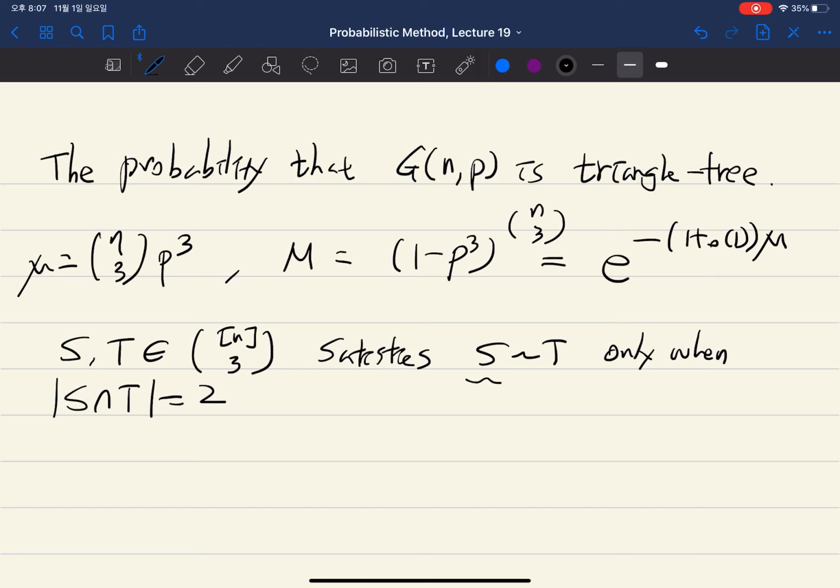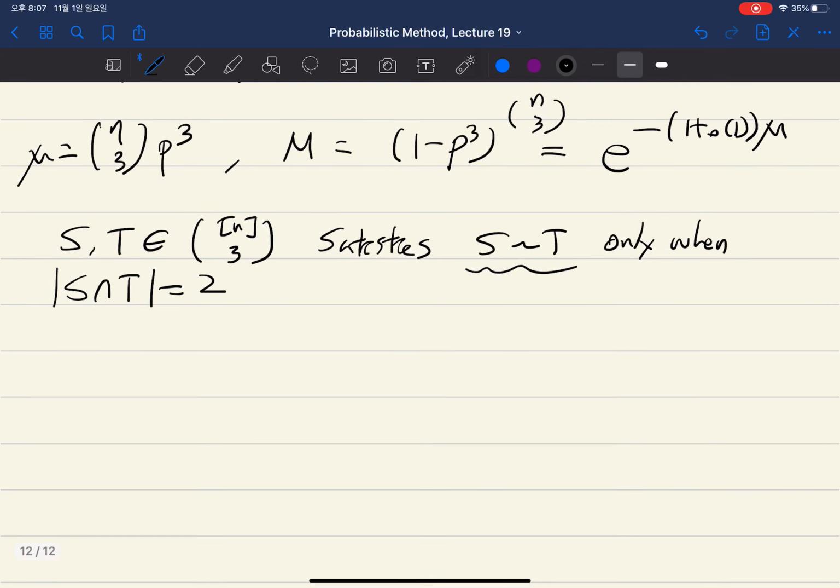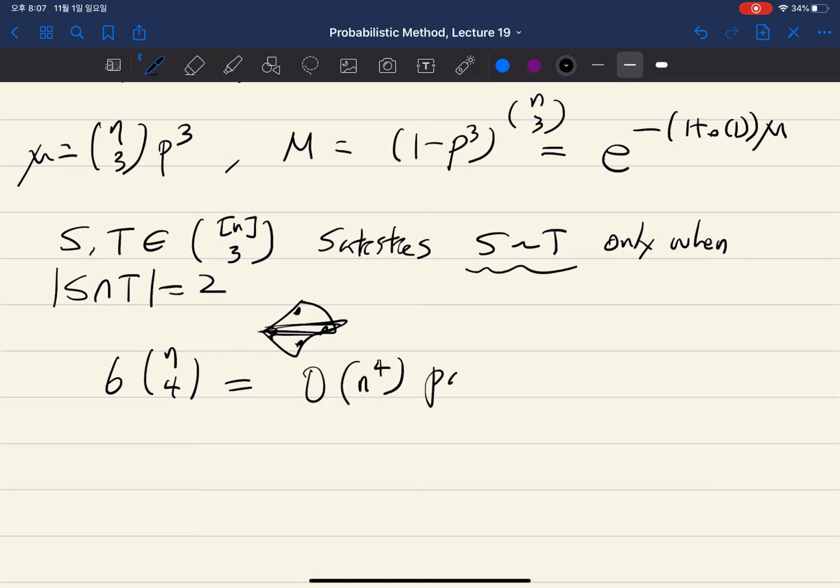So how many such pairs are there? You choose n choose 4, so you choose 4, and you choose two vertices which belong to both of them. Then you find two triangles. So 4 choose 2 is 6. So this many pairs S, T which are dependent.